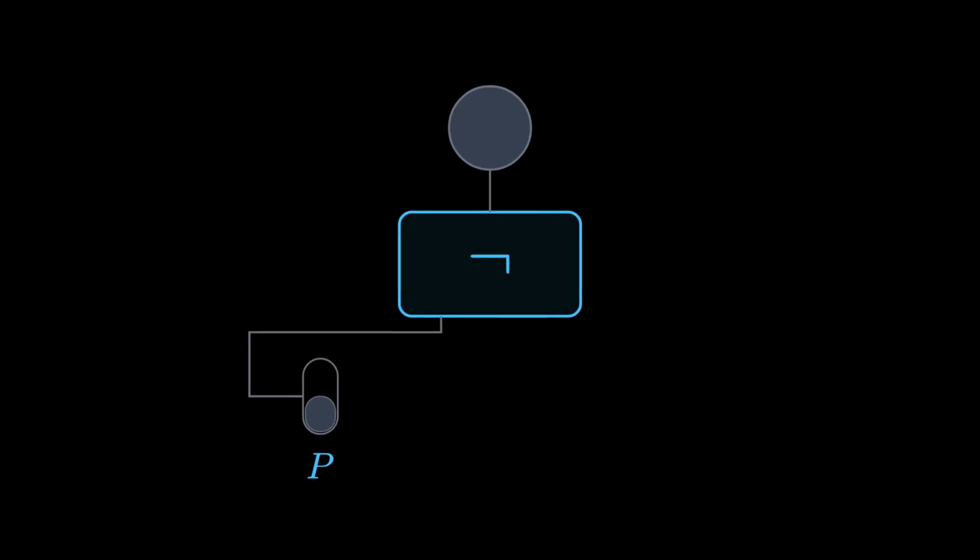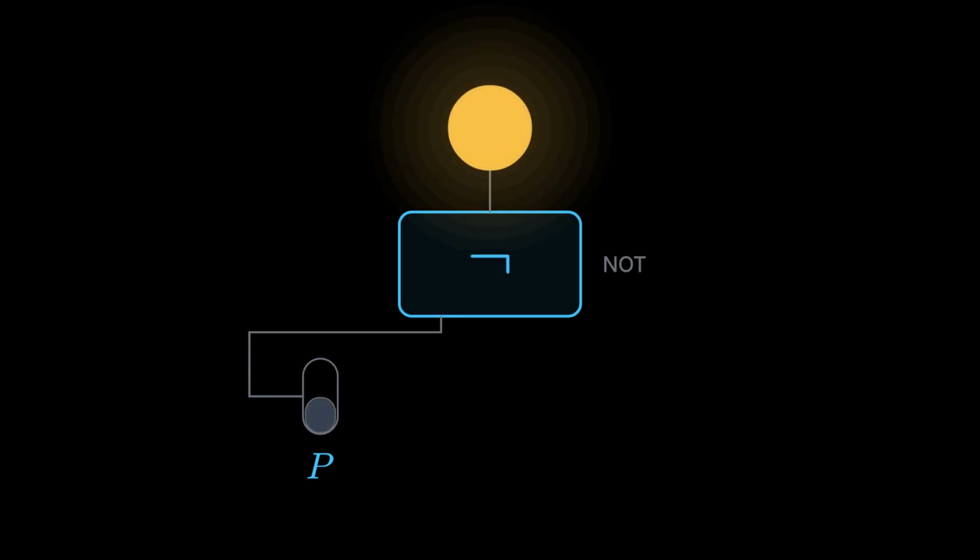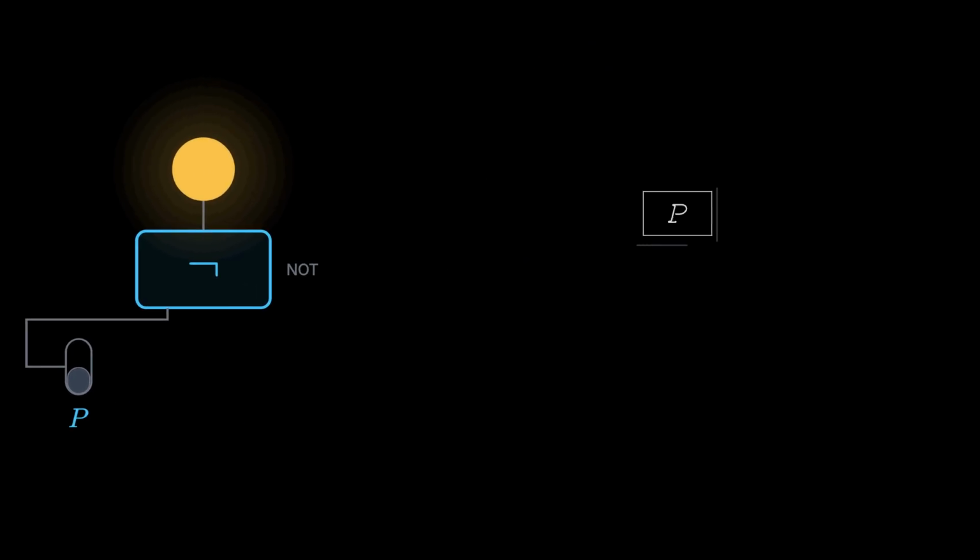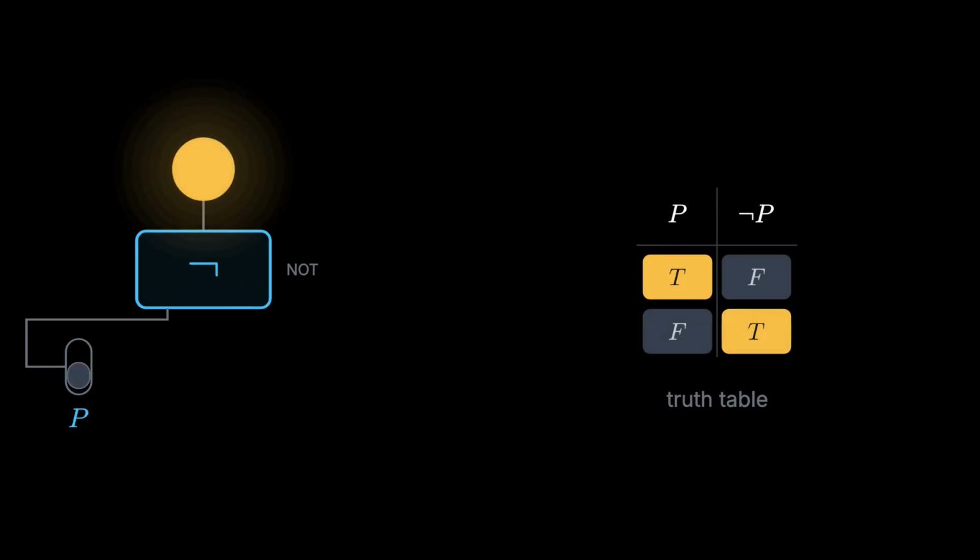First box, negation. 1 input, 1 job. Throw the switch to true, and the lamp goes dark. Set it to false, and the lamp lights up. Do that for every setting, and write down what happened. 2 settings, 2 results. That is a truth table.